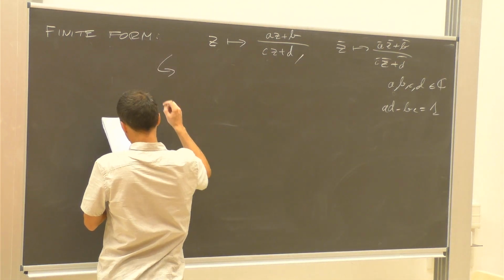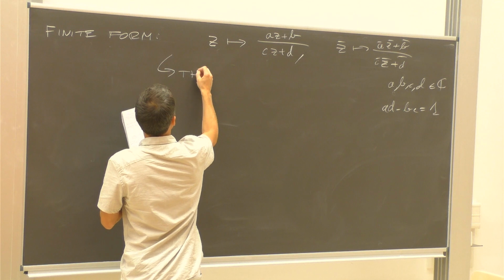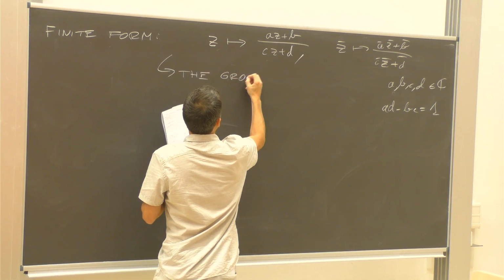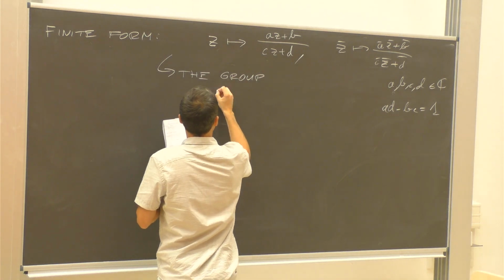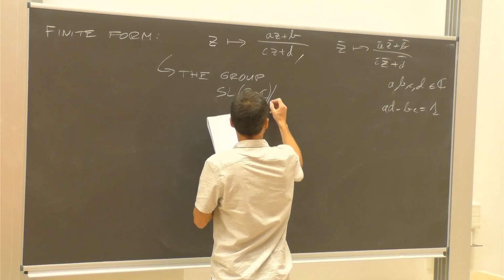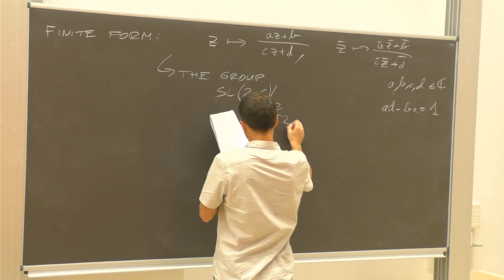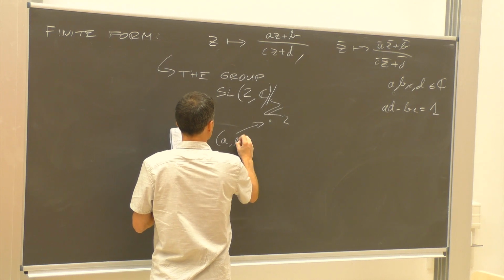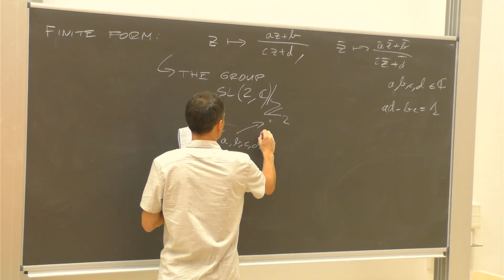So these are, in other words, transformations which form the group SL(2,C) modded by Z2, where the Z2 follows from the invariance under changing the overall signs of a, b, c, d.